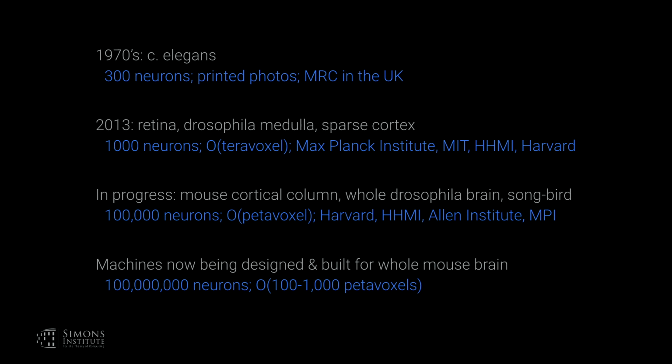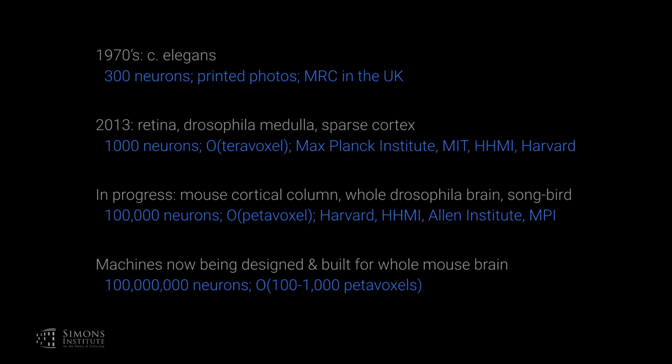So, just for some rough timeline, in the 70s there was C. elegans. 2013, a bunch of studies were published in Drosophila by Mitya, in visual cortex by Clay, and Winfried and others produced studies in the retina. Currently, at the Allen Institute, you heard about, there's a very large-scale project to interrogate the mouse cortical column.